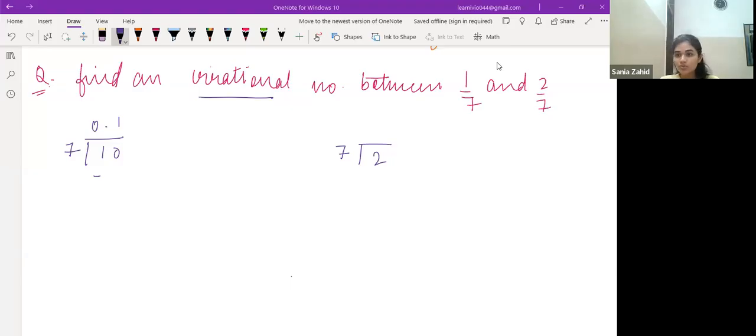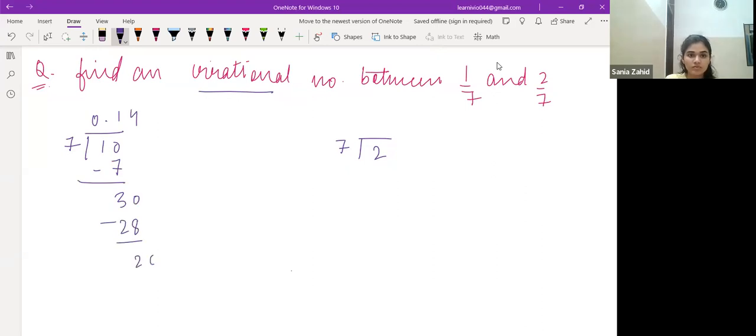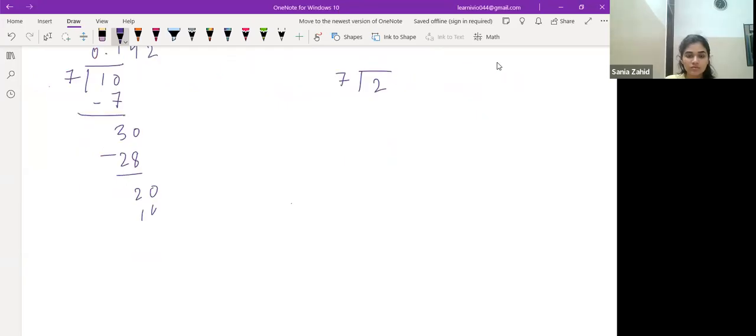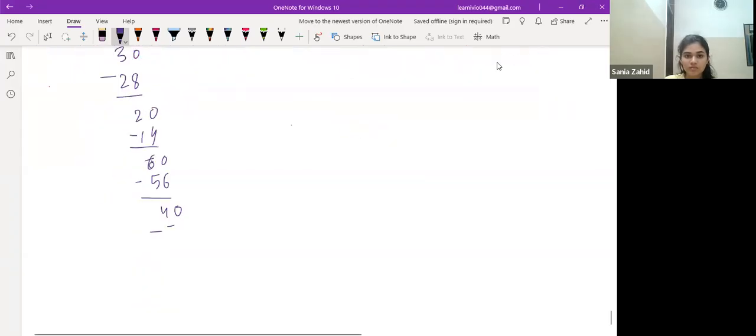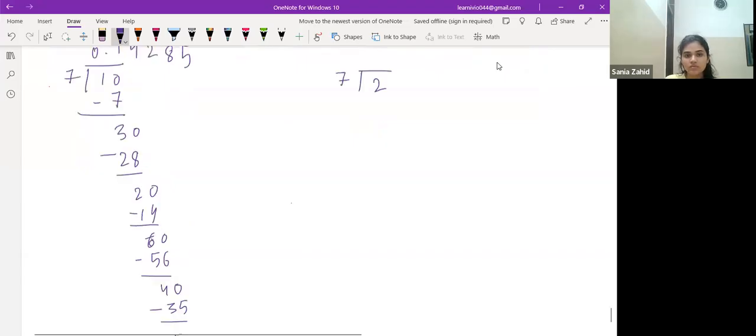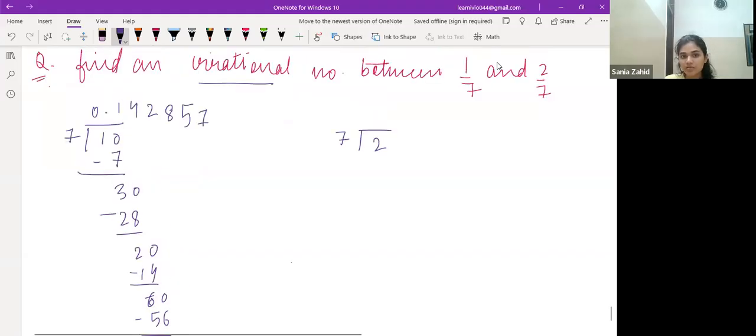So I was telling you, first of all, you're supposed to find the decimal expansion. Quickly do the division and find the decimal expansions, everybody. And now see children, again I get 1.